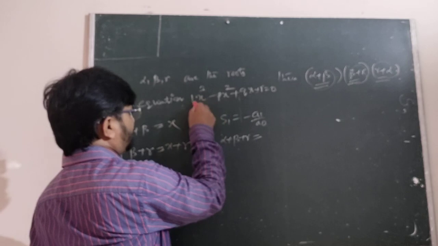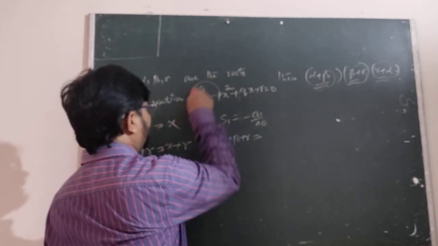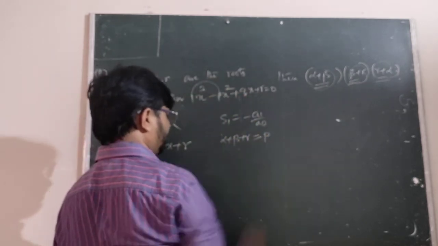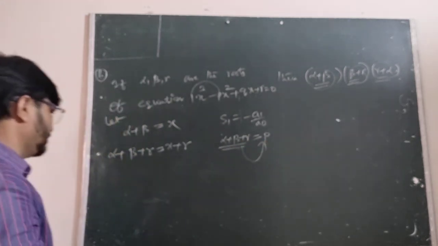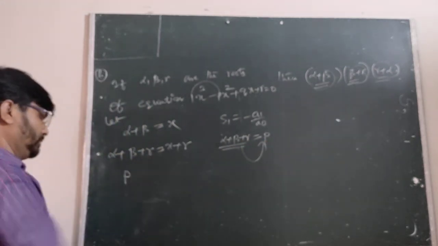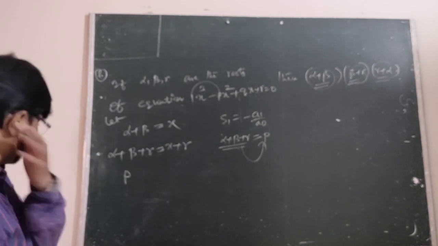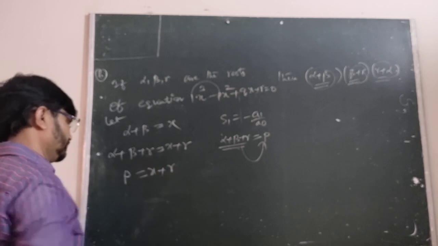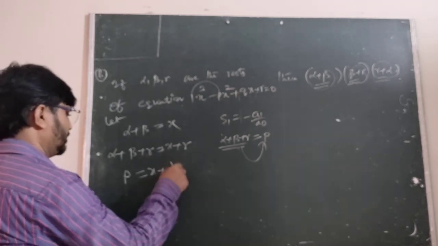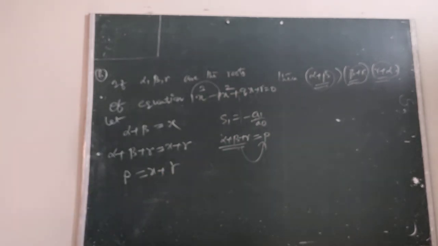Here a0, a1, a2, a3 are the coefficients, and minus a1 by a0 is p. Therefore alpha plus beta plus gamma is p, so p equals x plus gamma.